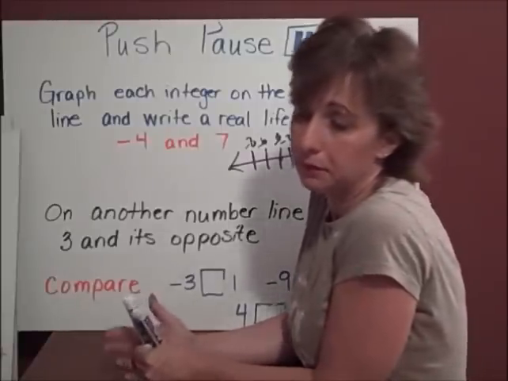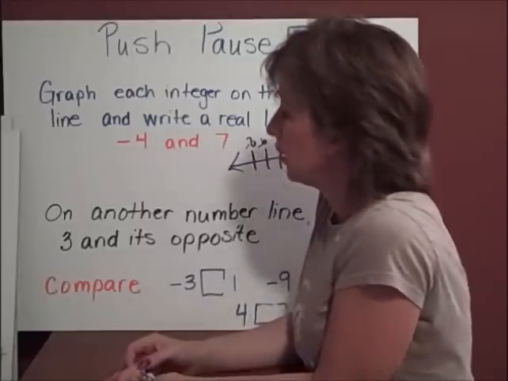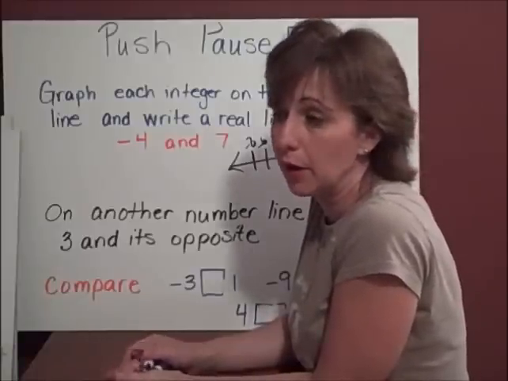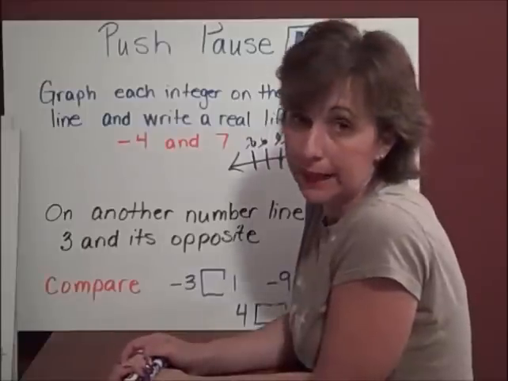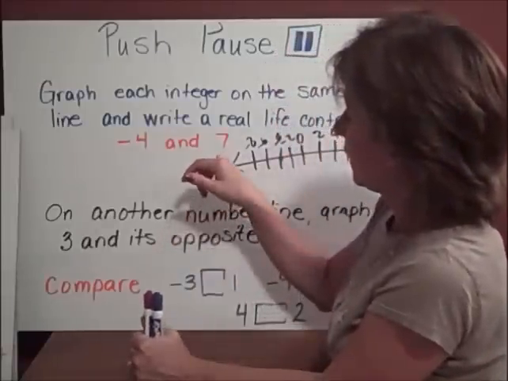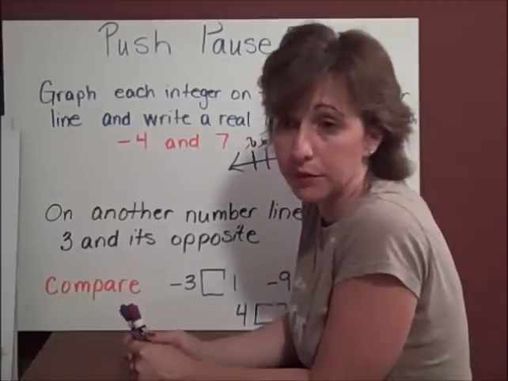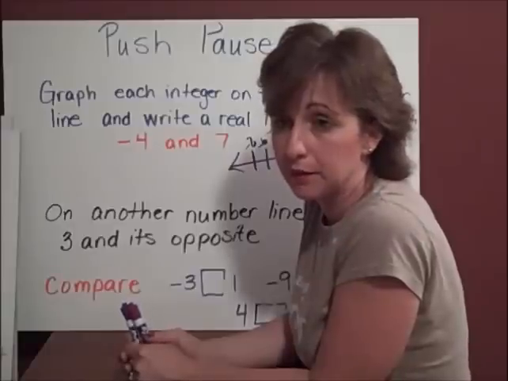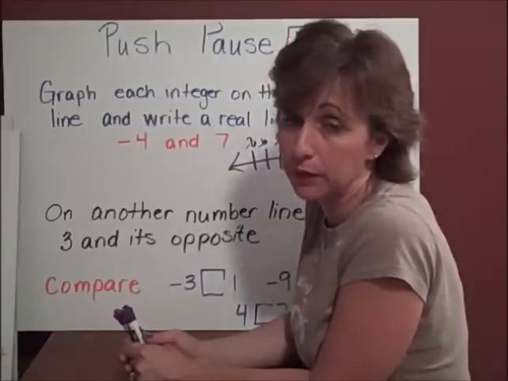Maybe you said that you owe someone $4. Maybe you used 4 feet below sea level or 4 degrees below 0. Maybe you were playing a game and lost 4 points. 7 could be written because your sister is 7 years old, or you're 7 feet above sea level, or 7 degrees, or you scored 7 points in a game, or got 7 bonus points on a test.